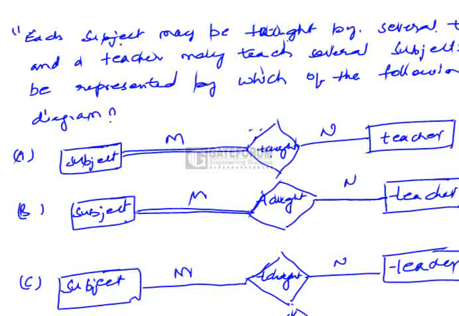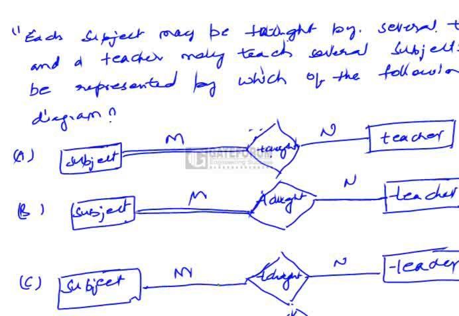If the statement is each subject may be taught by one or more teachers, or by at least one teacher, then the participation should be total. But here the statement is like this: each subject may be taught by several teachers. So here the participation of the subject entity set is partial, and it is represented by a single line.